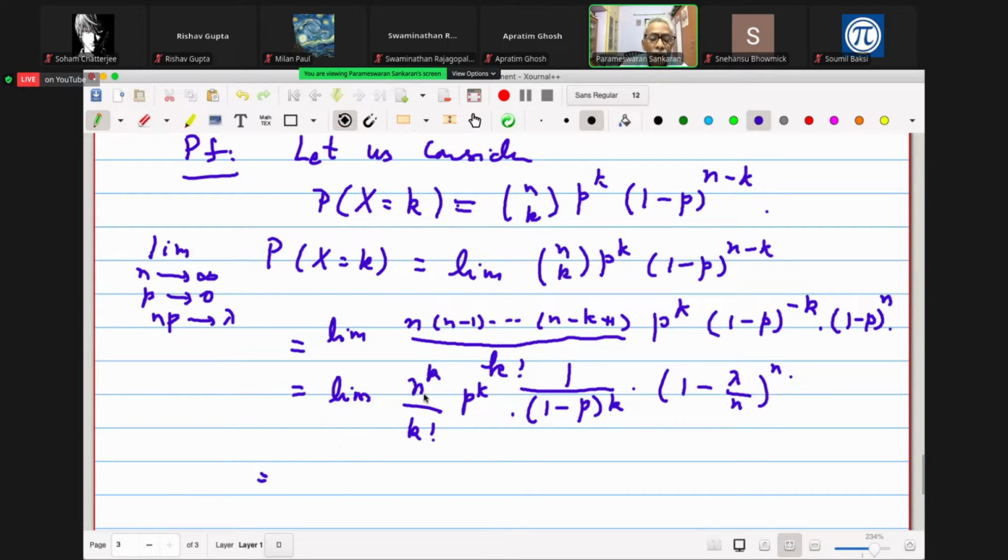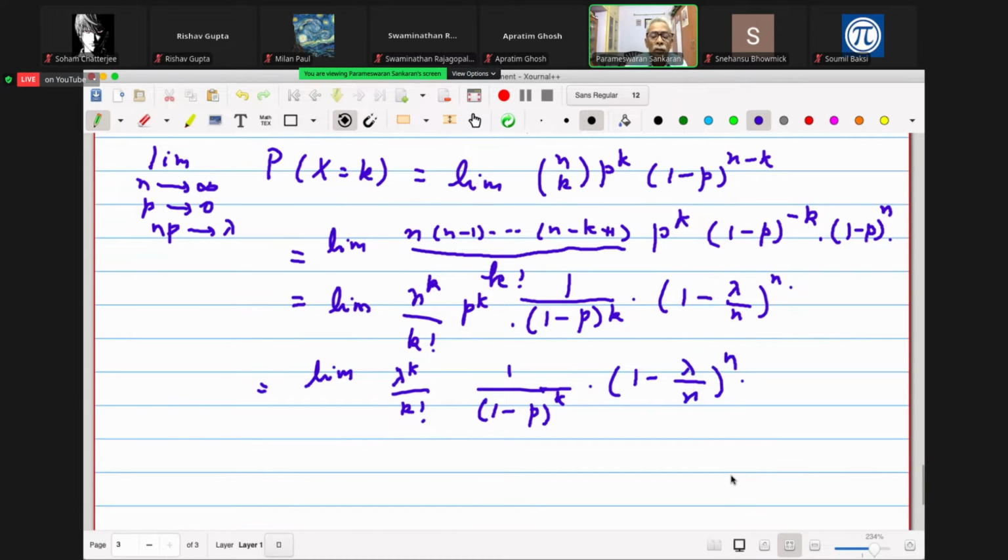You see, this is np, I can write the limit of np is lambda, power k by k factorial, and this you have to keep as such, (1 minus p) whole power k, and this one, (1 minus lambda by n) whole power n.